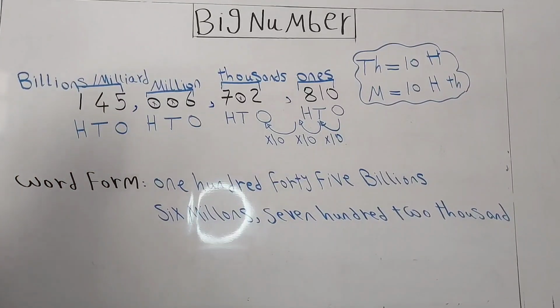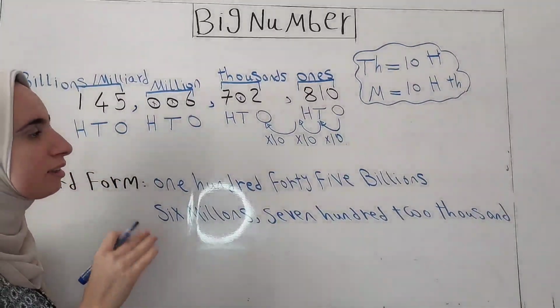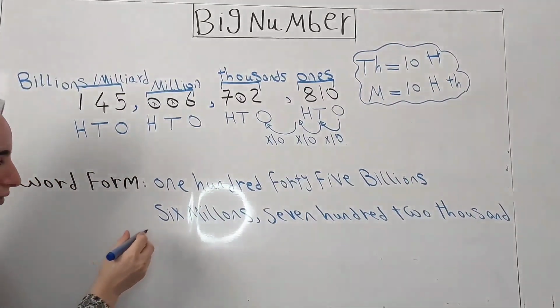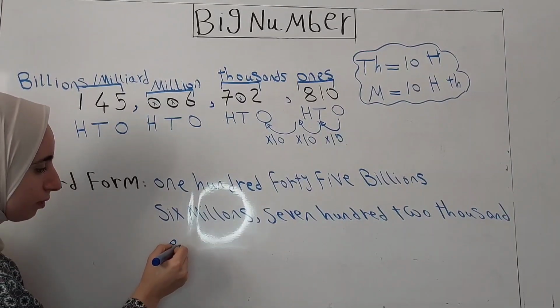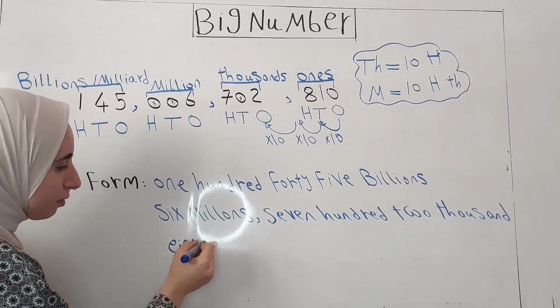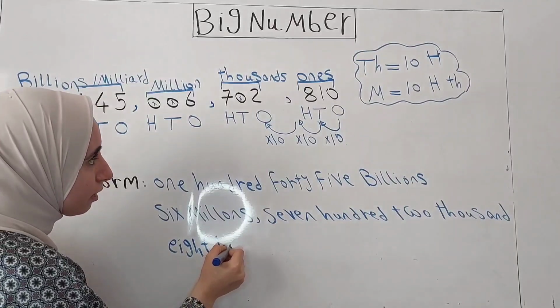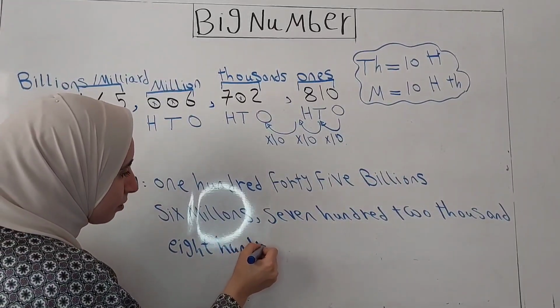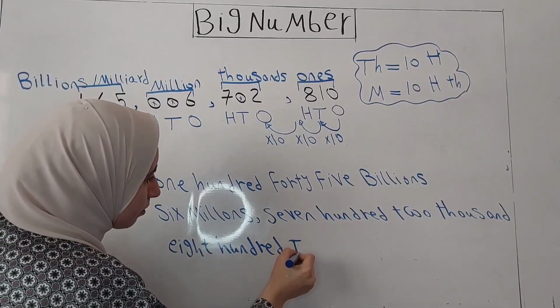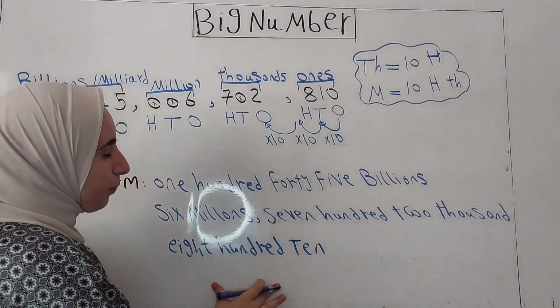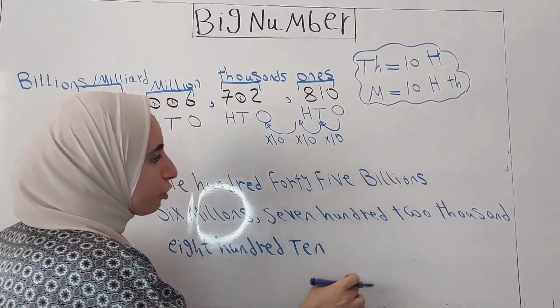Then we go to the ones place, 810, and the word ones is not read.